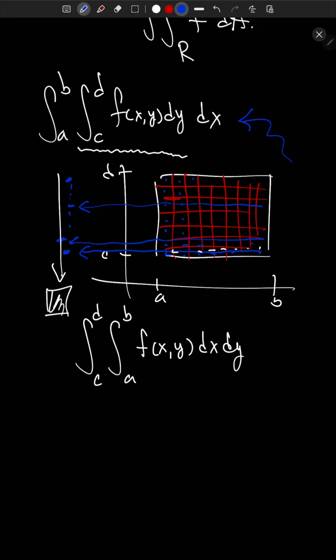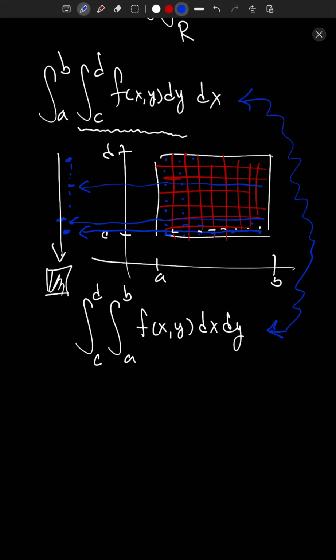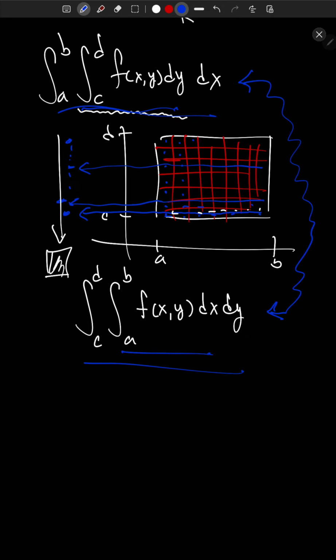But for our class, just like with differentiability, we're going to only deal with functions where everything is cool. Okay, so from here on out, you can always assume you could do the ordering vertically first and then horizontally, or horizontally first and then vertically. Okay, so these two are equal.